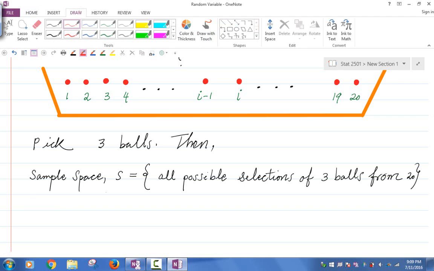That is, how many elements are there in the sample space? Well, we have 20 objects. From the 20 numbers or balls, we are picking 3. So the answer is that the size of S is 20 choose 3.